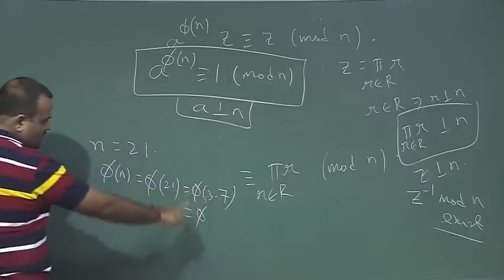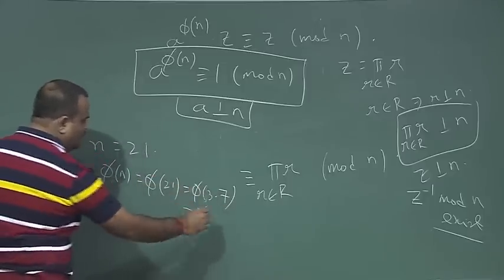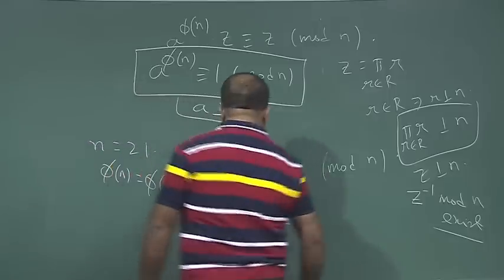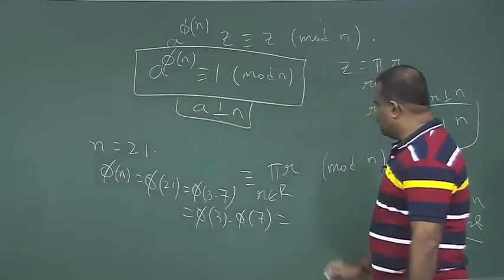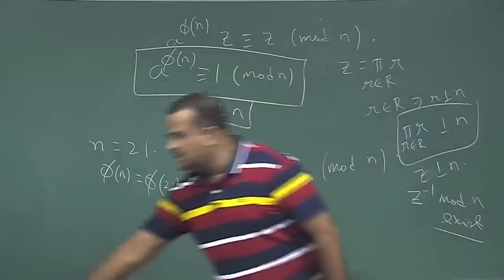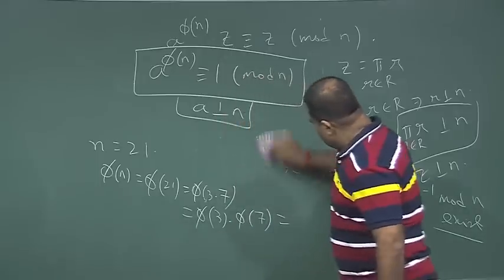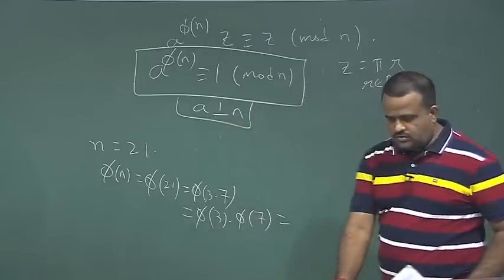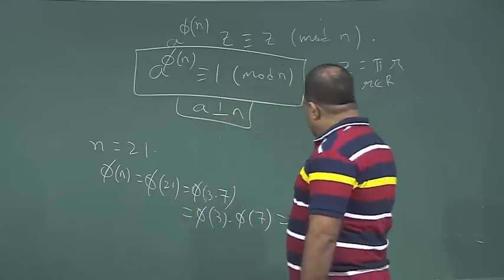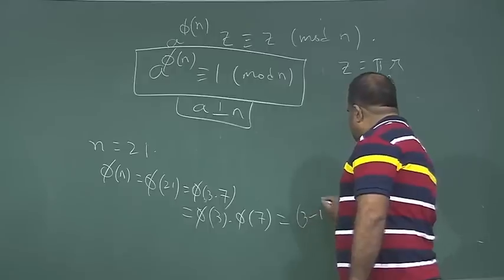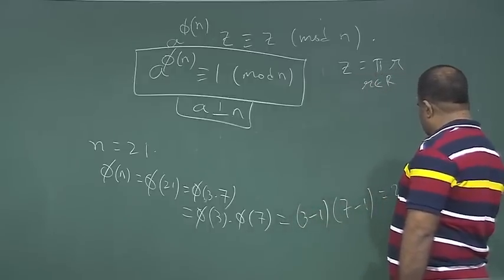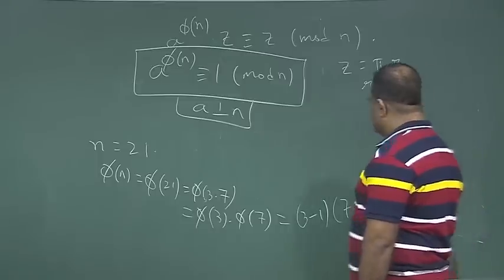These are relatively prime, so we can use that. Now, these two are prime numbers, and for a prime number we know this result. So this is (3 minus 1) times (7 minus 1), which is 2 times 6, which is 12.